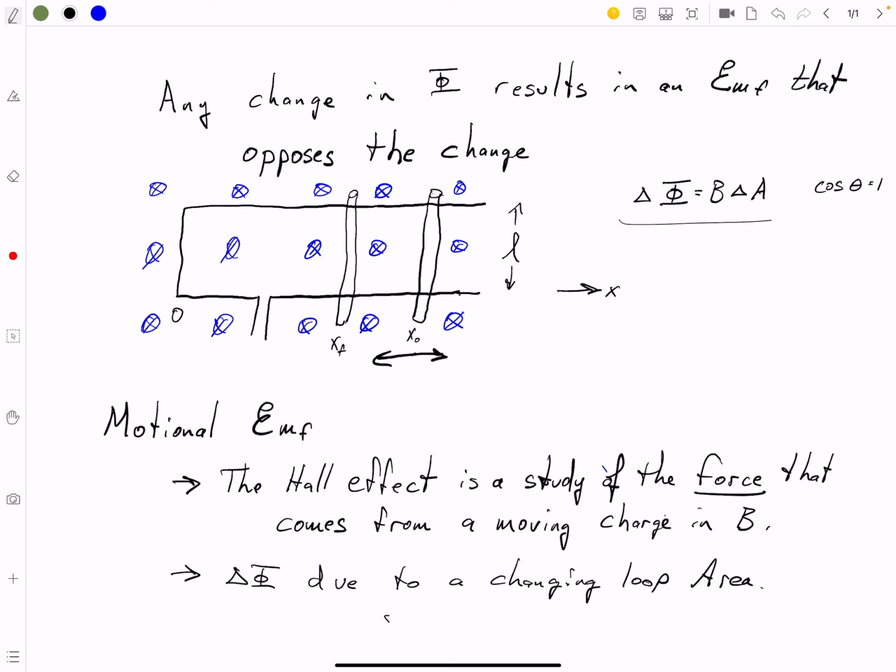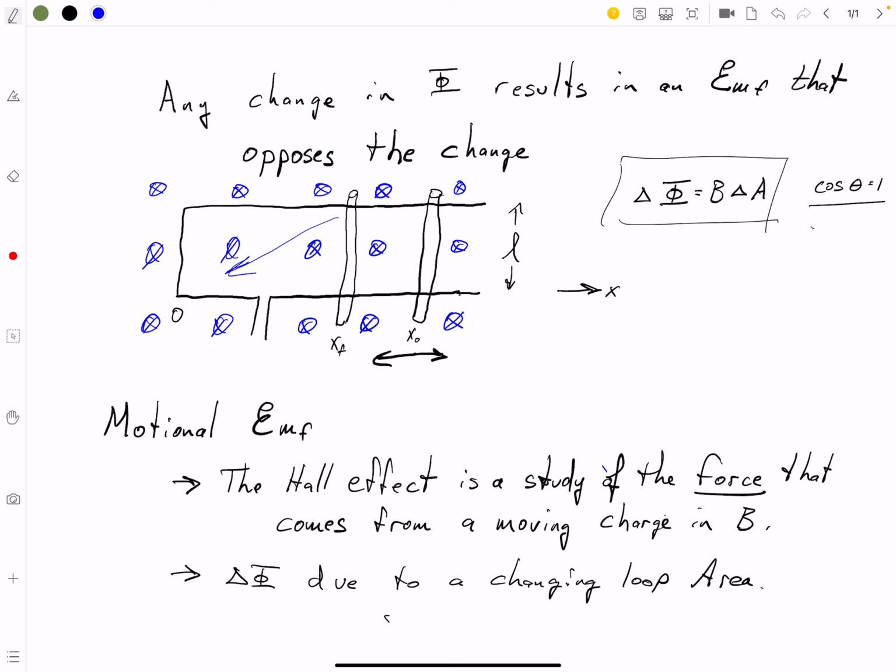Okay, so that's the scene. And of course, that cosine of the angle doesn't have to be one all the time, right? It could be that the B field comes in askew. That's fine, it doesn't matter.